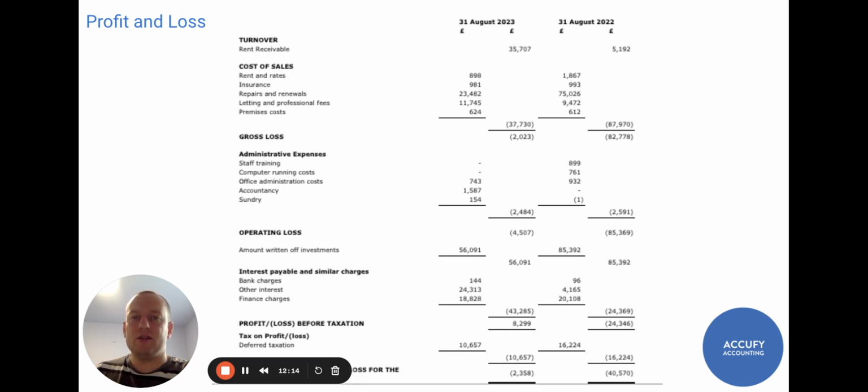Letting and professional fees, so particularly if you use managing agents, their expenses will go in there. One thing to be careful of, if you do use a managing agent, you will find they will pay you basically a net rent figure. So they'll take the rent off the tenant for you, and then they'll deduct some fees, so things like their own fees and also things like maintenance, and then they'll pay you a net rent figure.